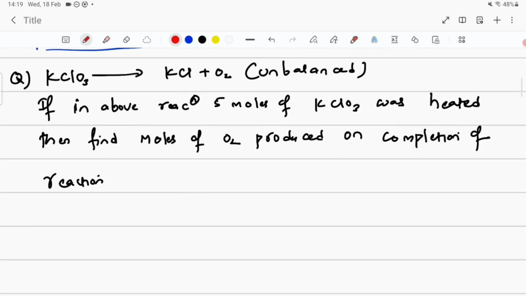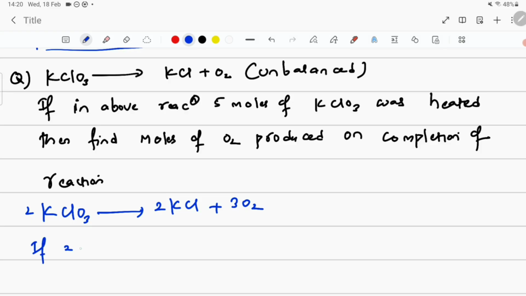First we need to balance the reaction. Without balancing you should not proceed. Stoichiometry works only for a balanced chemical reaction. KClO3 gives KCl plus O2: 2KClO3 gives 2KCl and 3O2.